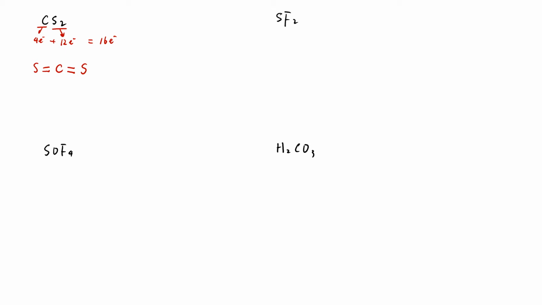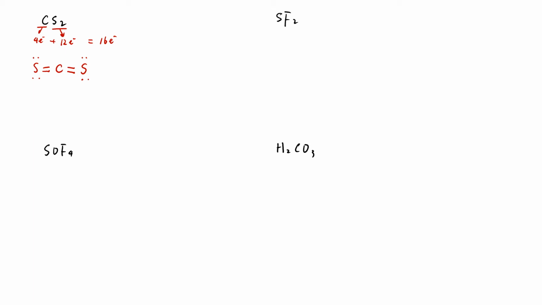And now each sulfur has a double bond, so 4 electrons, and cannot form any more bonds, so the rest will become 2 lone pairs. And then that's our Lewis structure. Let's double check.